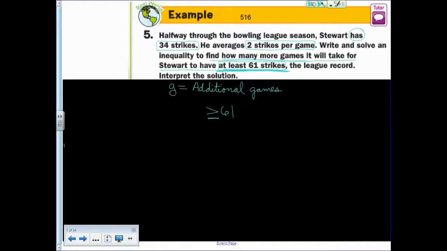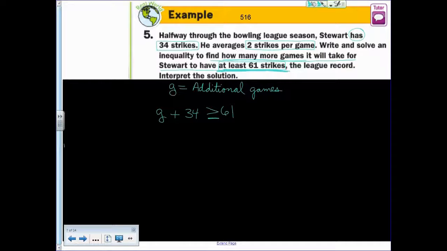Now we've got to determine what are these other 2 facts. One of them has to be a coefficient being multiplied by our variable, and then one of them needs to be a constant. So it says Stuart has 34 strikes. That sounds like something that has already occurred, and it is a one-time event. A one-time event makes that a constant. So we're going to add that to our variable.